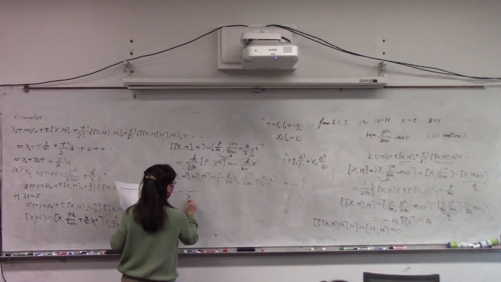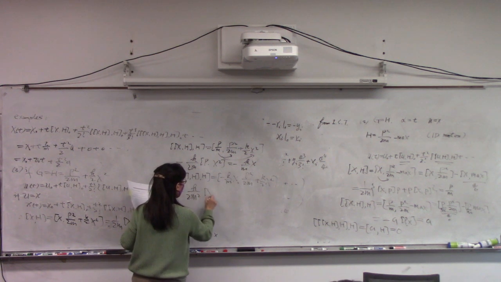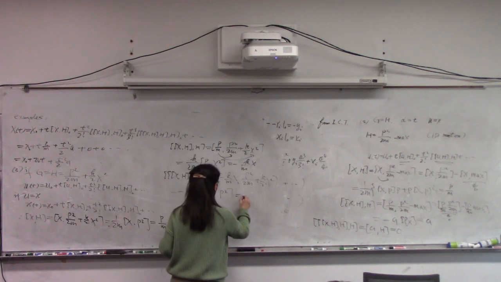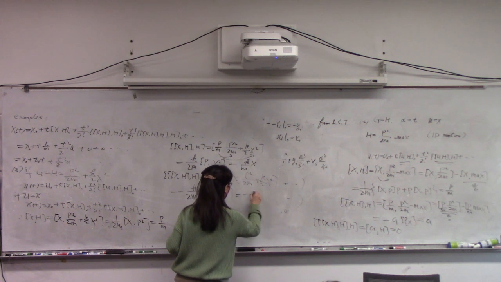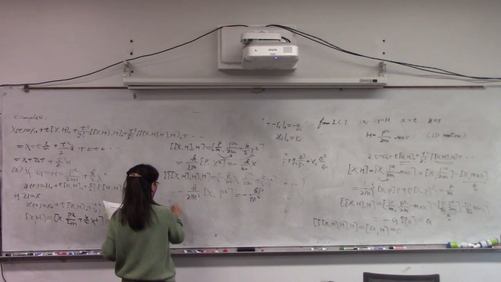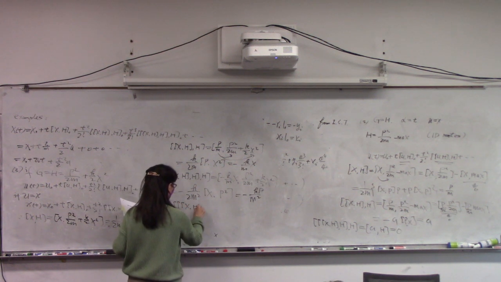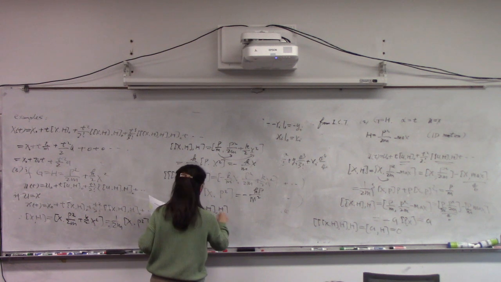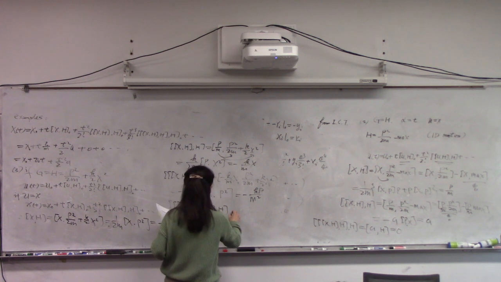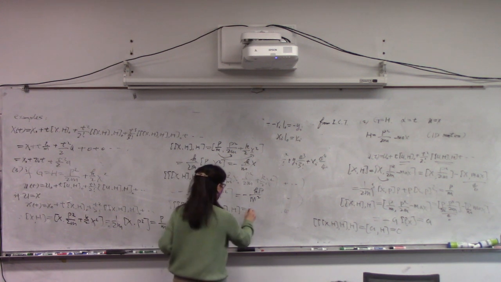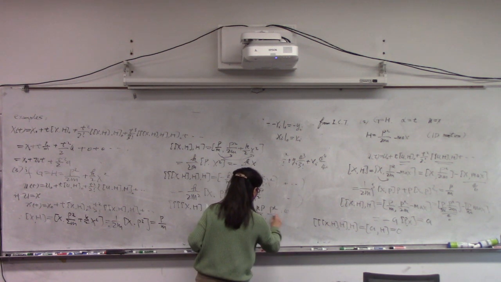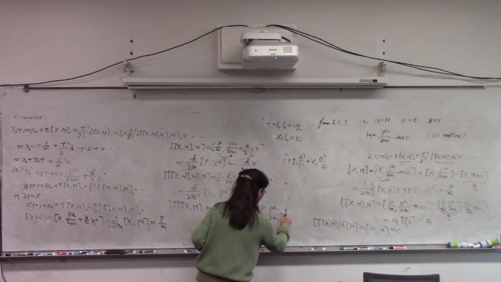It's minus k over m squared, p squared, here we have 2p, so minus 2 to cancel, k over m squared, p.